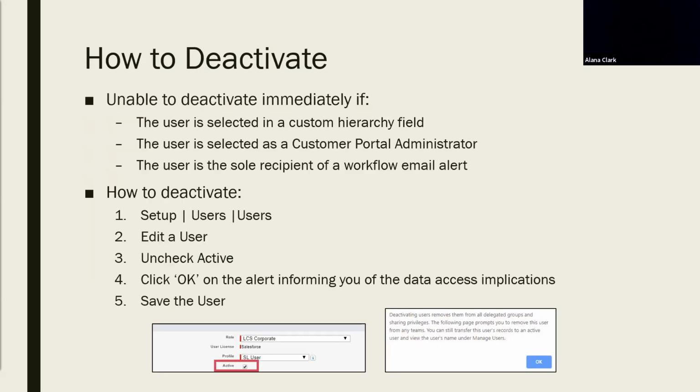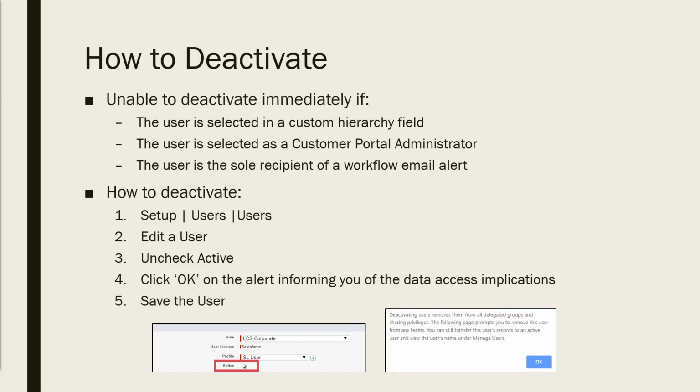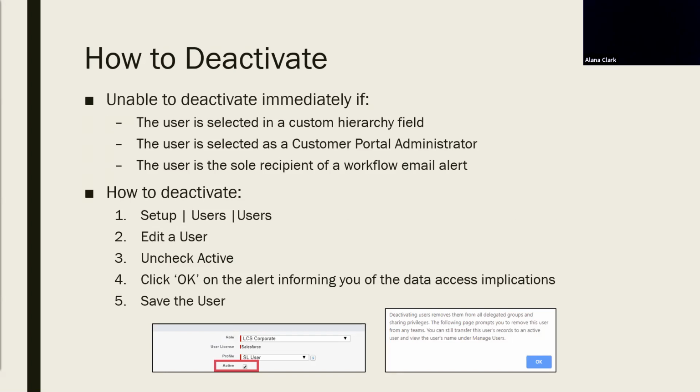In order to deactivate, one other thing to point out is 3 situations where you may not be able to immediately deactivate the person, and that's because they are selected in a custom hierarchy field, they are selected as the customer portal administrator, or they are the sole recipient of a workflow email alert. So if any of those three things are in place, you won't be able to deactivate them.